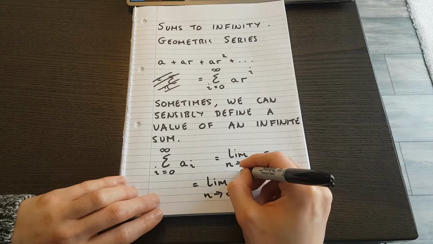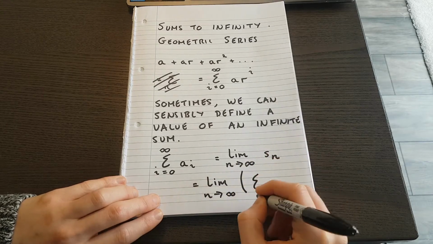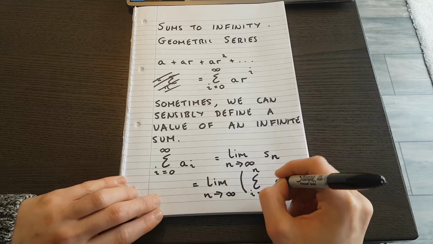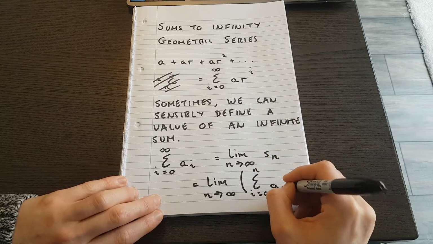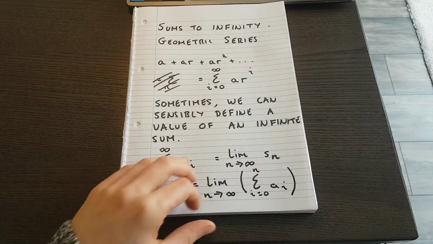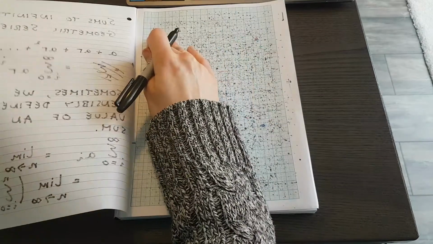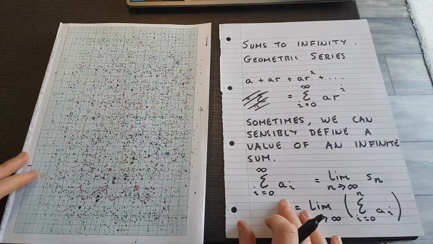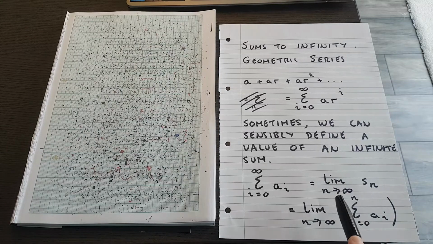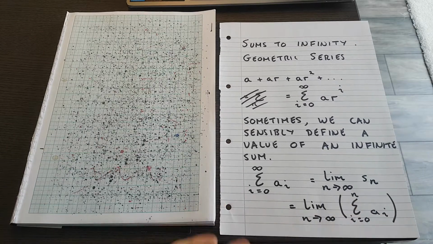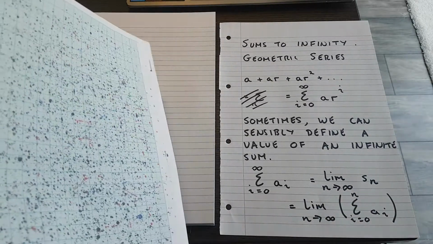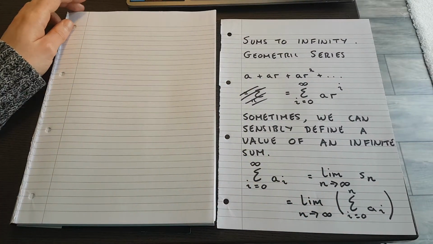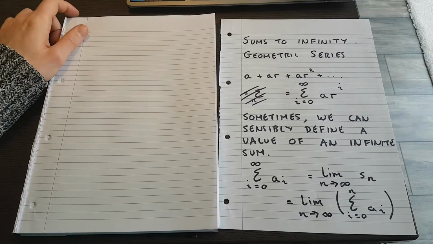We can write in this fashion: i goes from 0 to n of a_i. It's a bit technical looking, but don't worry about it too much just yet. What this basically says is, I can take the limit of the partial sum S_n, and if I can come up with a sensible number in that case, then I can define an infinite sum as having a value. If not, then I can't.